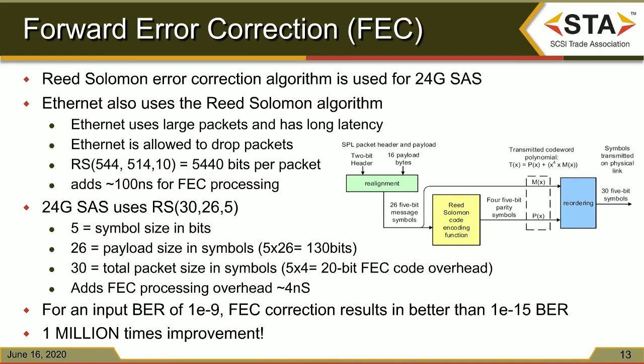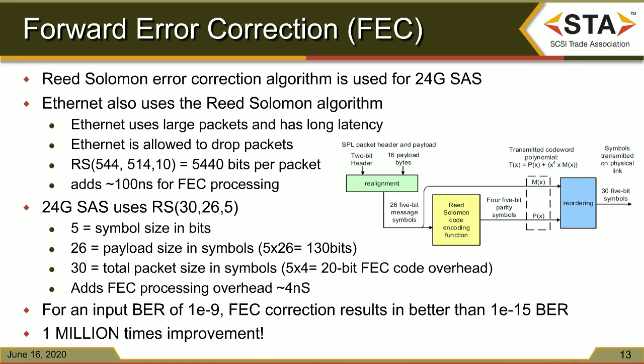Of those 30, 26 of those symbols are payload. And then 5 is the size of each symbol. So you can see we get to a total of 130 bits of payload and 150 bits of total information in each packet.